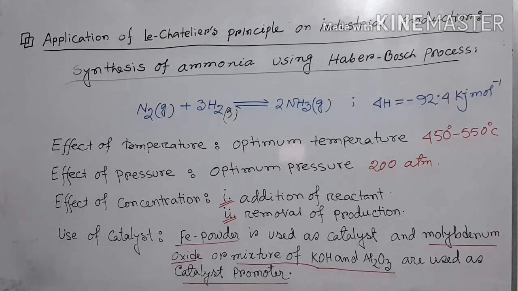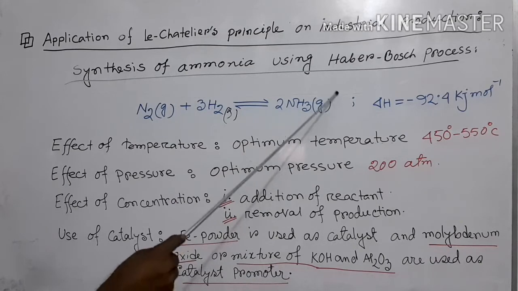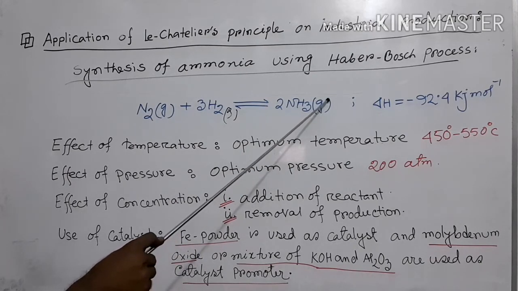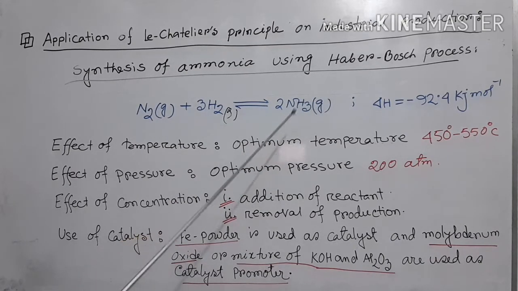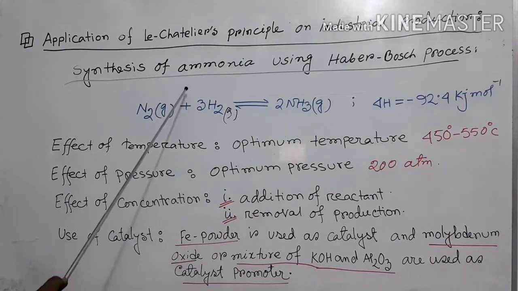Now, effect of concentration. We know that according to Le-Chatelier principle, if we increase the concentration of reactant, then the reaction goes forward, and if we remove product at equilibrium, then the reaction also goes forward.